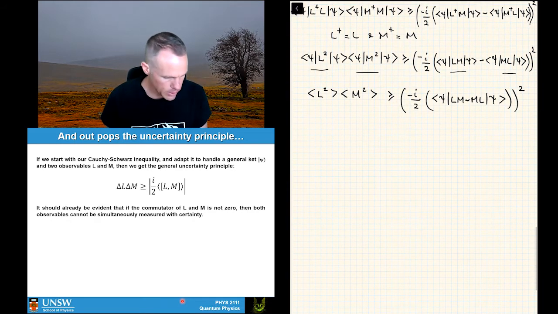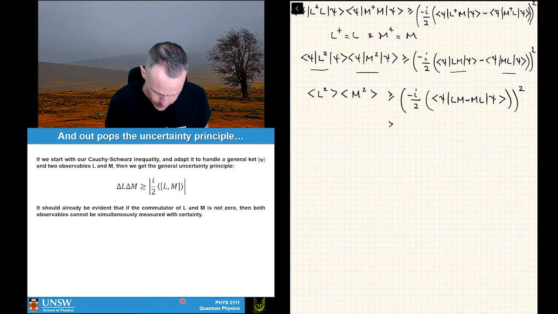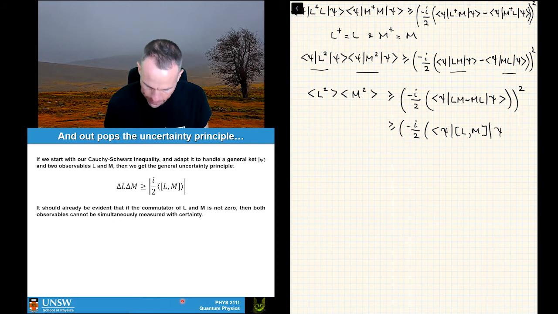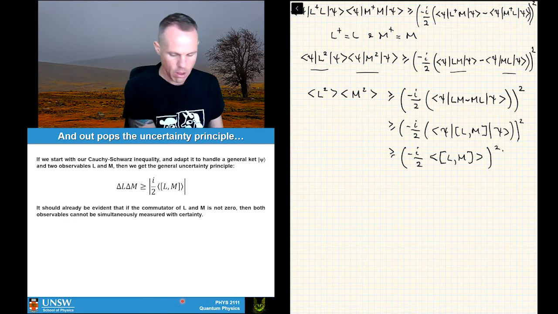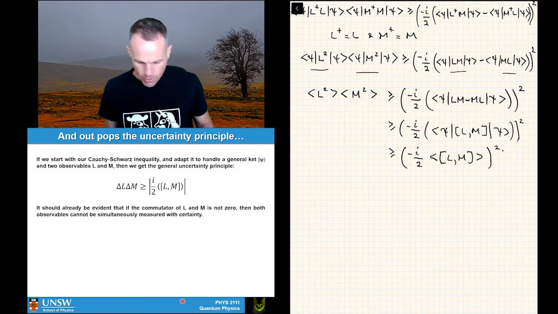And then we can pull that into a commutator, minus i on 2, psi, let's write our commutator, L comma M. And then the last step in here would be to write our expectation value. So this would now be minus i on 2, expectation value of the commutator L comma M squared. Okay, so now we're very close.